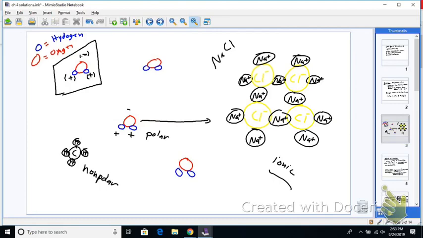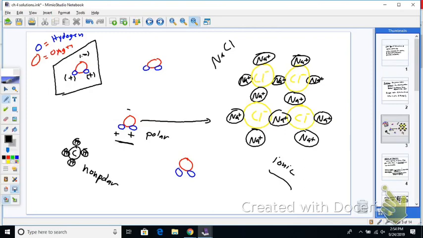So what portion of the water here is attracted to what portion of this sodium chloride structure? So what's the oxygen, the red atom, which is the oxygen, what's it attracted to? Na. So it comes over and it attracts itself to Na.